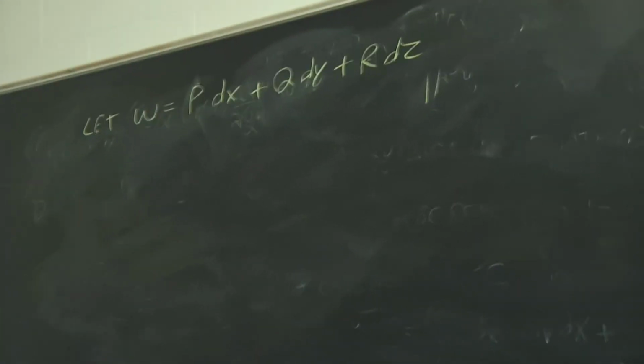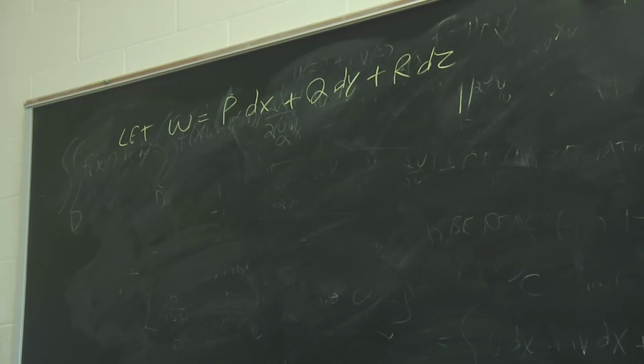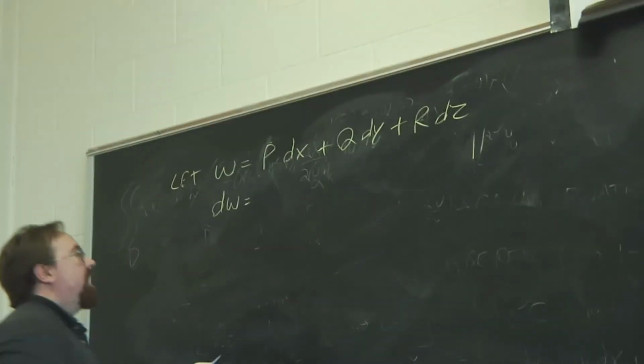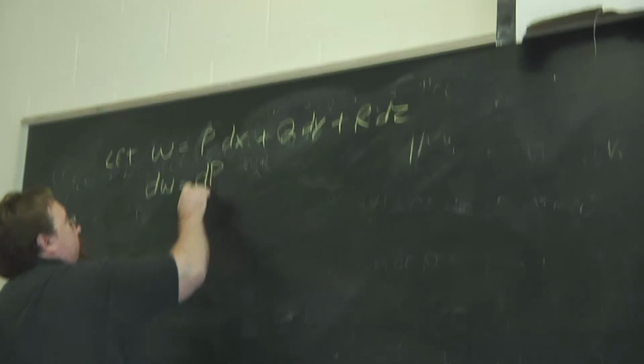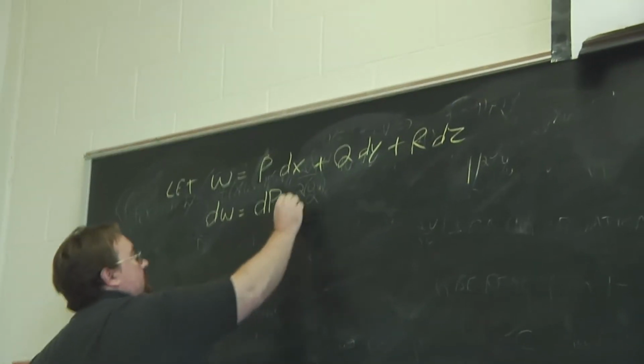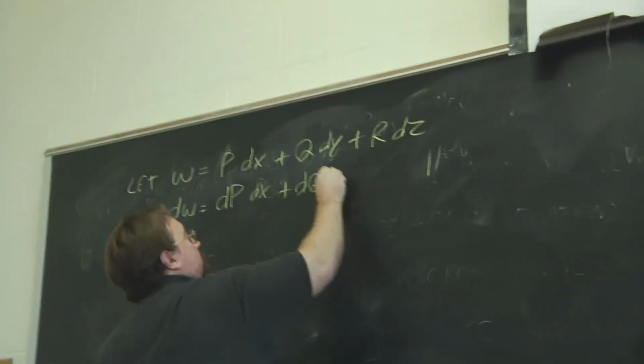If we apply the differentiation operator to it, then what's going to happen is you're going to have the differentiation operator applied to p times dx plus dq dy plus dr dz.